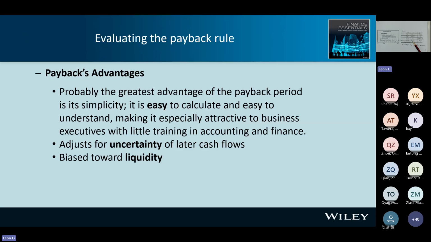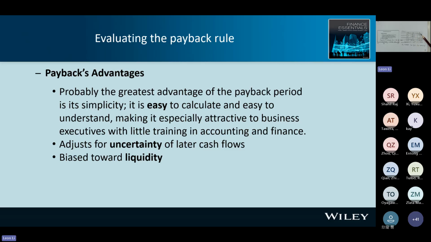I do the NPV calculation for you. This is the number. If you use the NPV, you will see B project has a higher NPV. So NPV will suggest you take project B. But if you use payback, A project has a cash flow at year 1, so payback of A project is year 1.